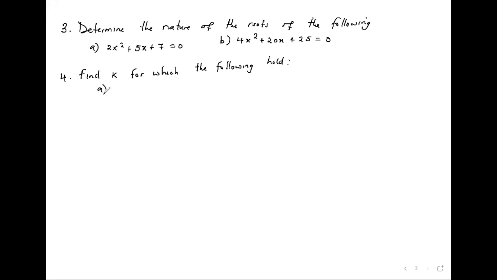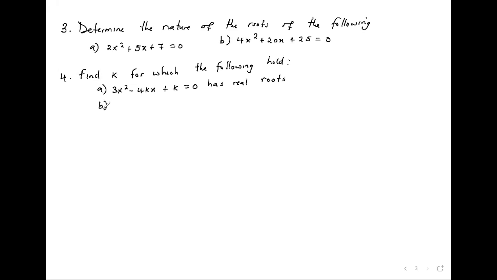A, 3x squared minus 4kx plus k is equal to 0 has real roots.